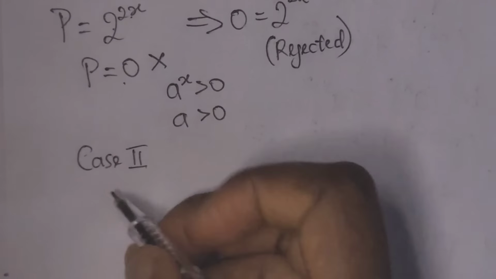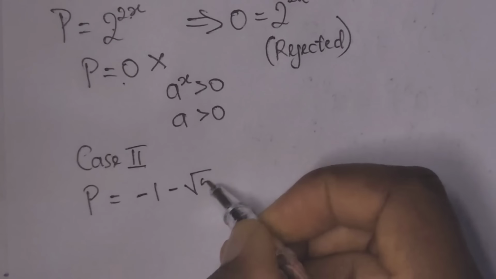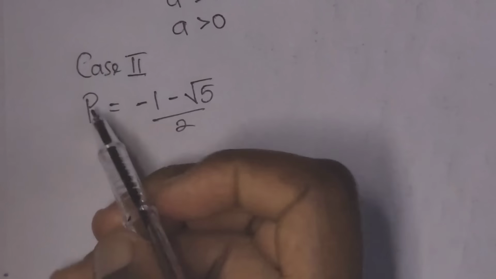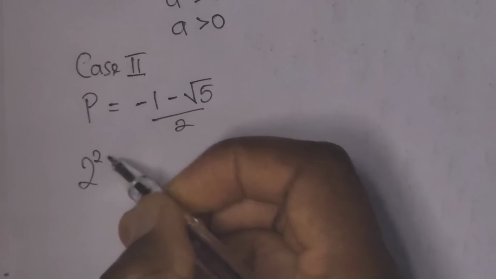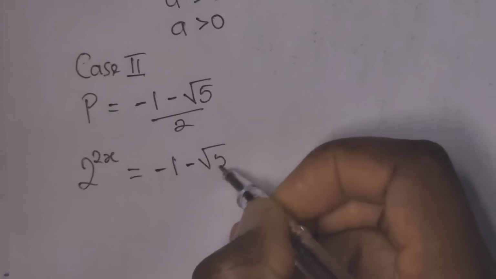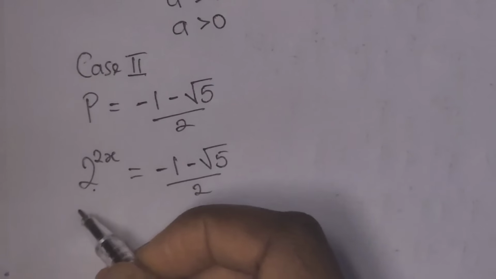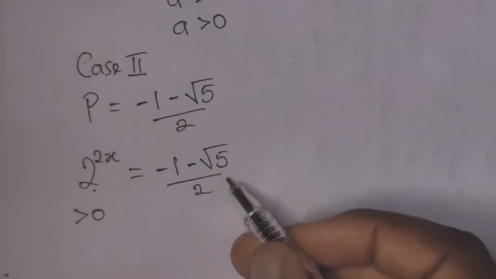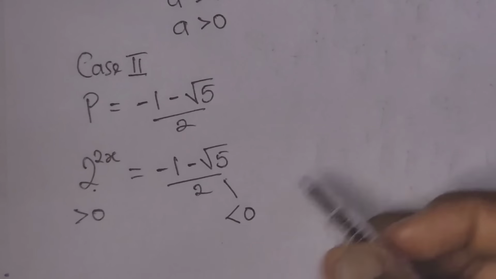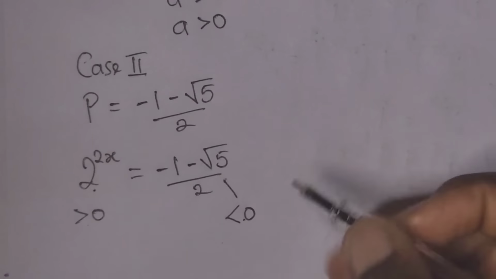For case 2, we have that p is equal to minus 1 minus root 5 over 2. And our p is 2 to the power of 2x, which is greater than 0, while this value is less than 0. This negative is less than 0, while this positive is greater than 0.